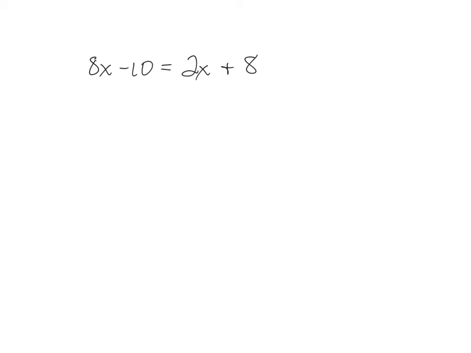My suggestion, when there's 4 terms, okay, always move the smaller number with the variable first.